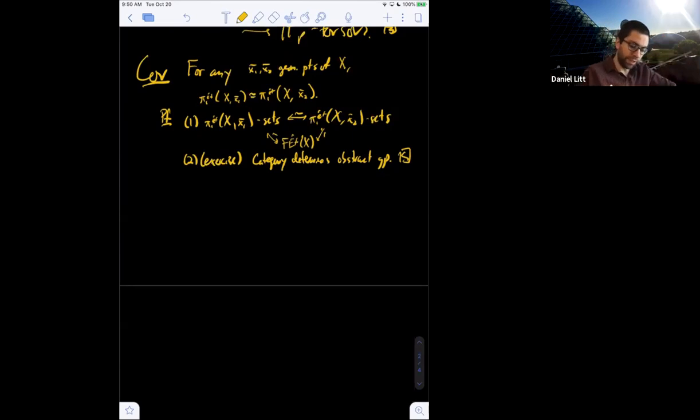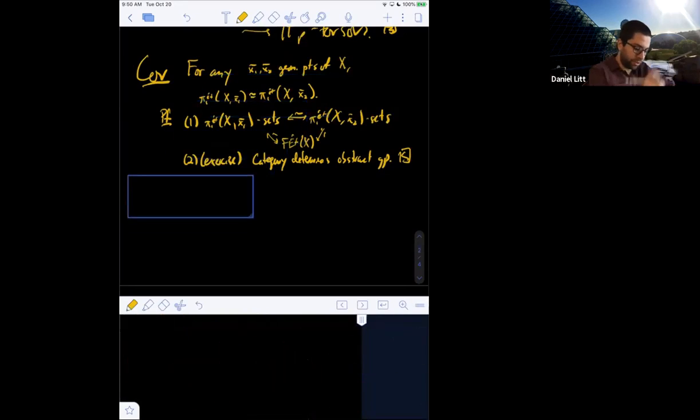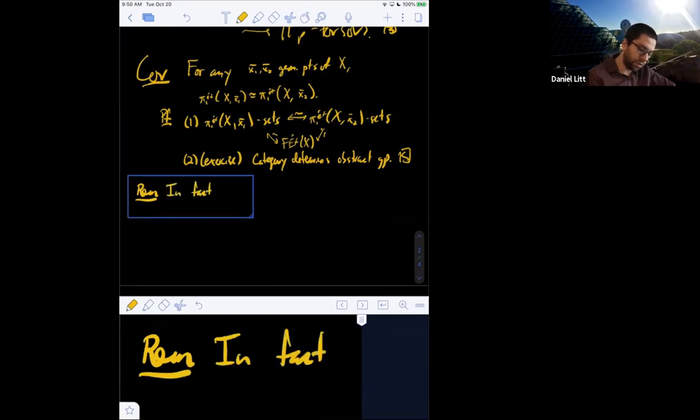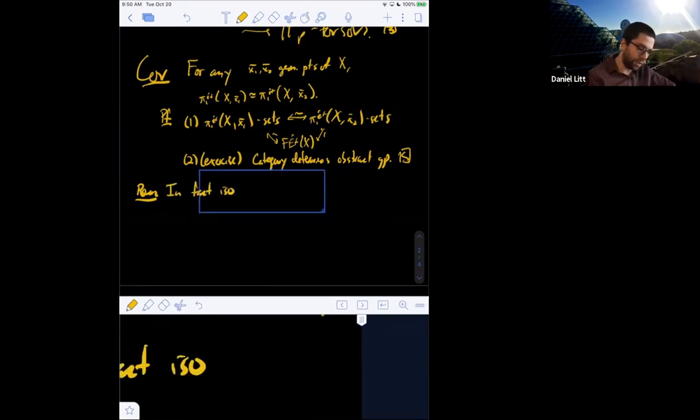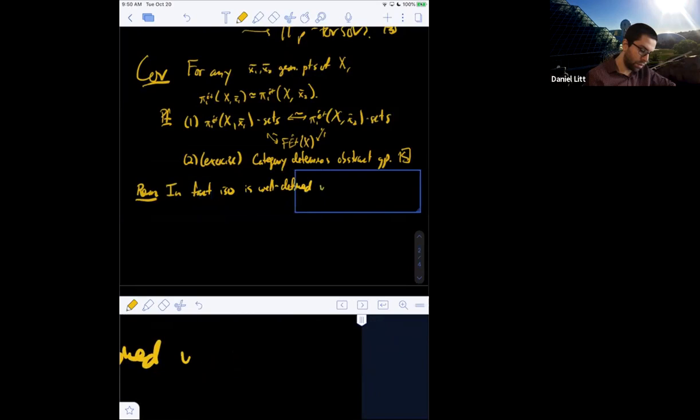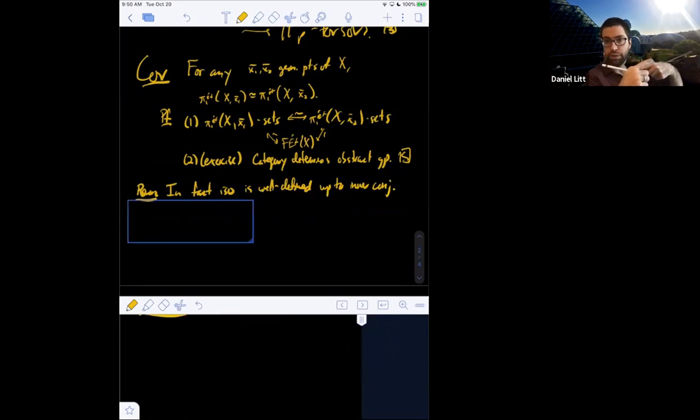So let me just briefly explain. The remark is that in fact more is true: this isomorphism is well defined up to inner conjugation. Just like in topology, if you pick two different paths between your base points, what you get differs by conjugating by the loop given by going along one path and then back along the other.